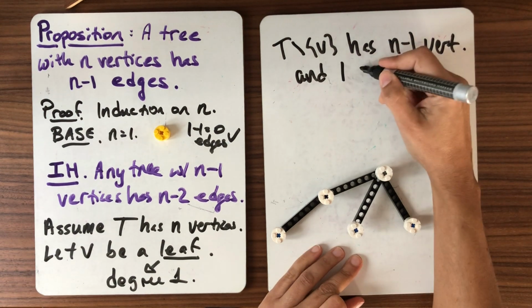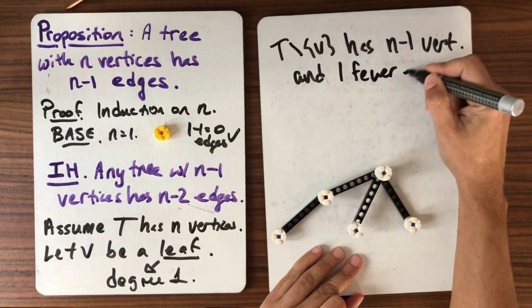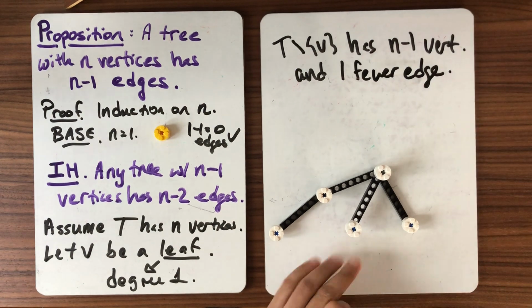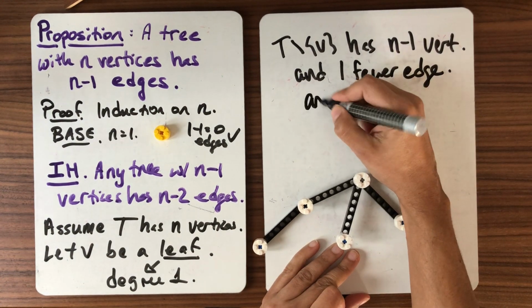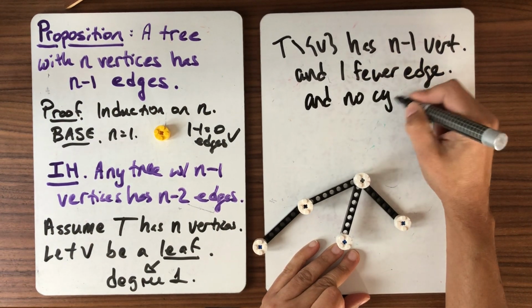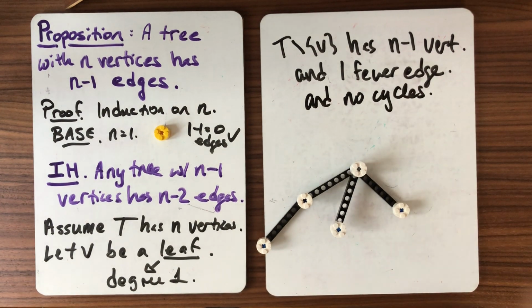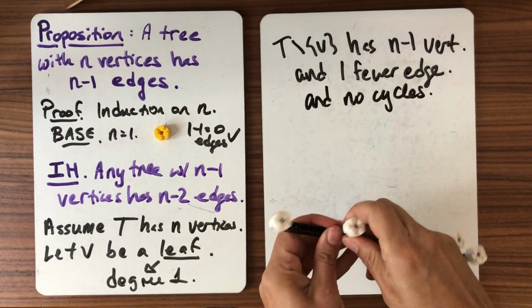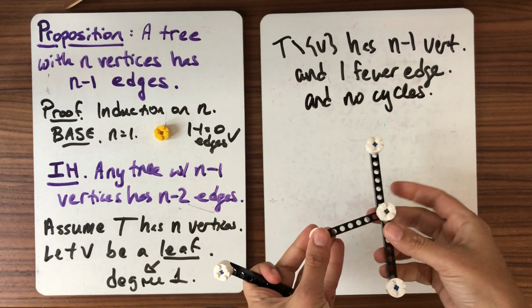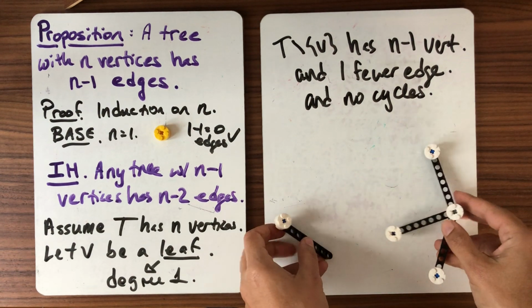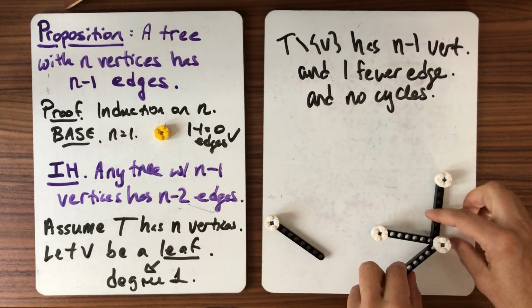It has one fewer edge. And no cycles. So why does it have no cycles? Well, because when I take it off, clearly I'm not creating an extra cycle. I'm removing something. So I've taken off my vertex V, and now I've got just this guy left.